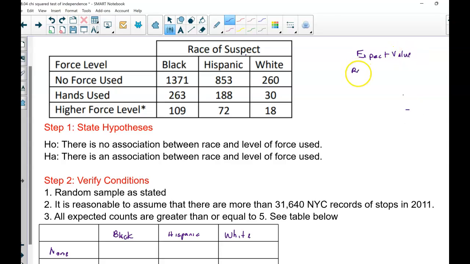You need to multiply the row total by the column total, and you're going to divide that by the grand total.